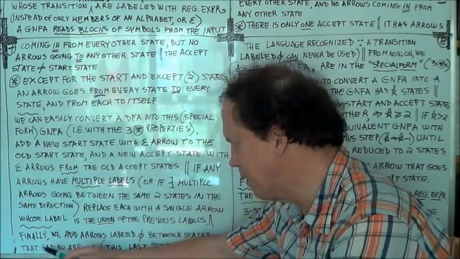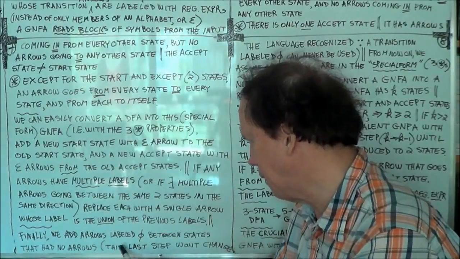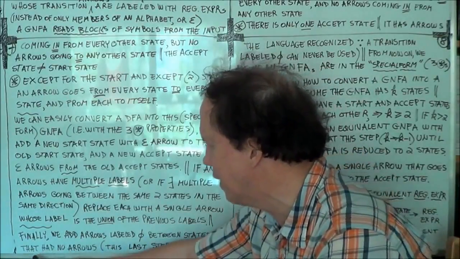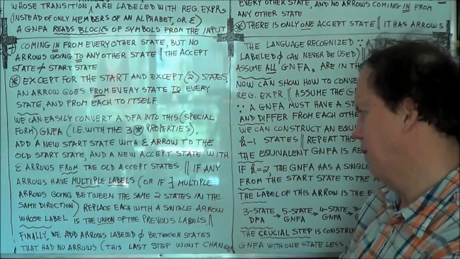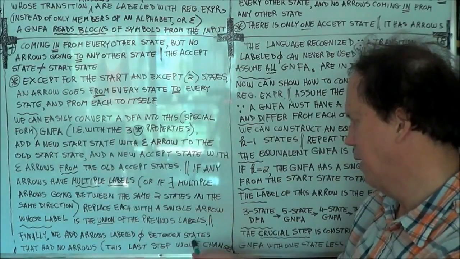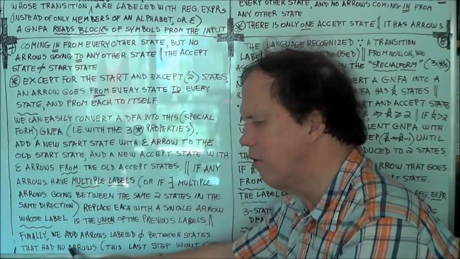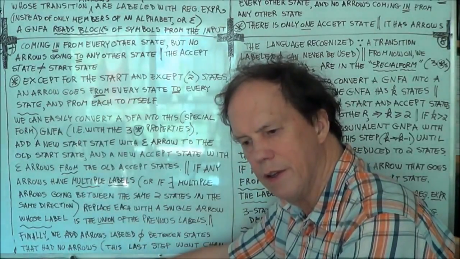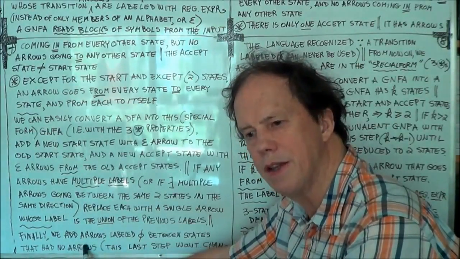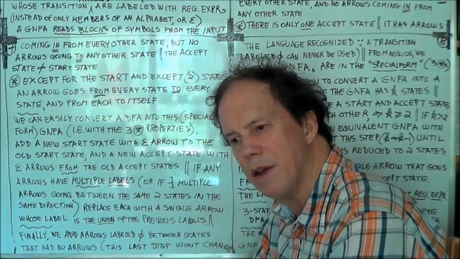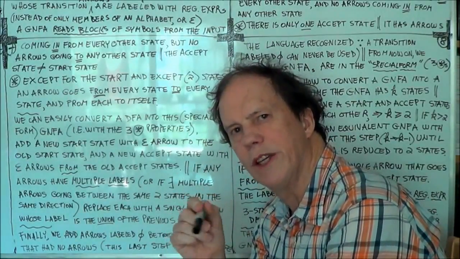Alright, and a few other little things you need to do to convert your DFA to a GNFA. Now, if you have states in your DFA that have no arrow, right. Remember, in a GNFA, every non-start and non-accept state has to have arrows going between them. So all of those states are fully connected in a sense.